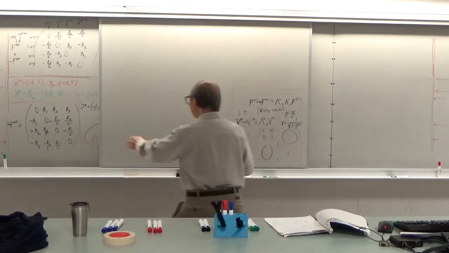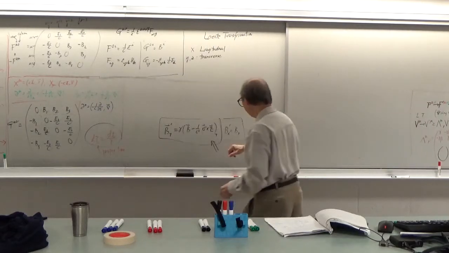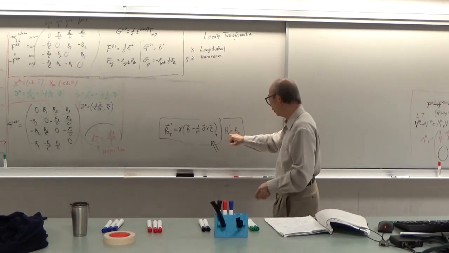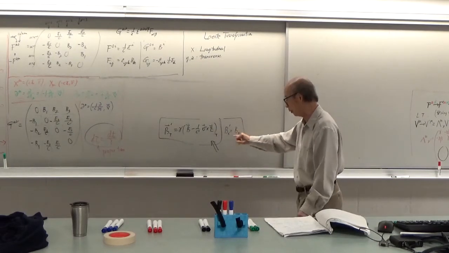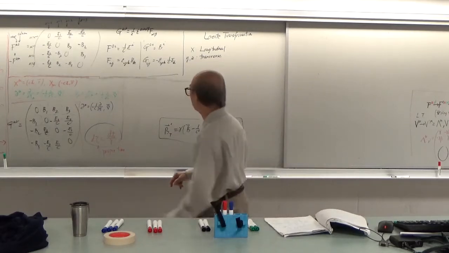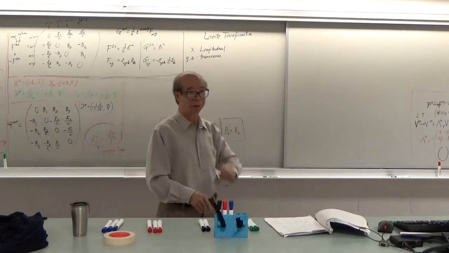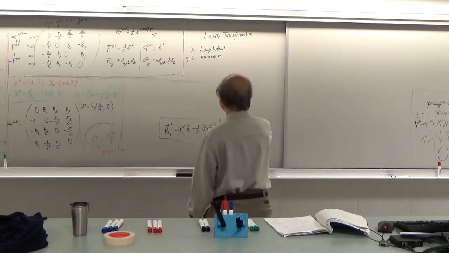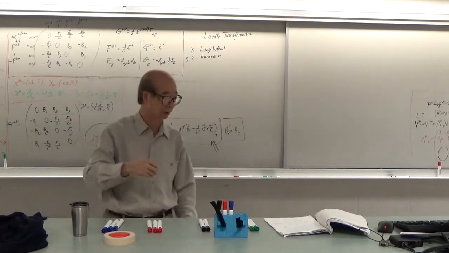And that's how we manage to arrive at the following, namely that the x component of B in the prime frame is equal to the x component of B. By the way, x is along the direction of relative motion, so I will sometimes call the x direction the longitudinal direction. In that case, the yz components correspond to the transverse directions.